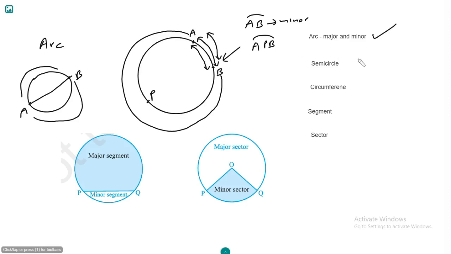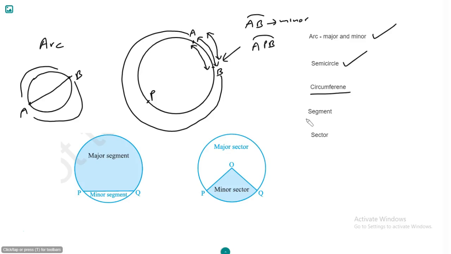So a diameter divides a circle into 2 semicircles, and a semicircle is an example of an arc. It's a special case of an arc. Circumference of a circle is the length of the circle, or you can say the perimeter of the circle. So the entire length around the circle is called circumference.